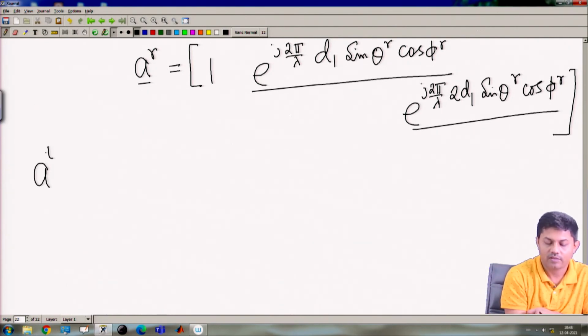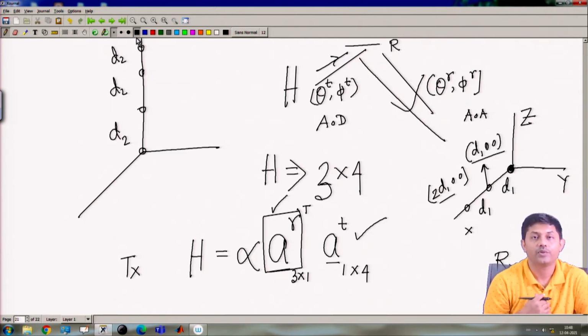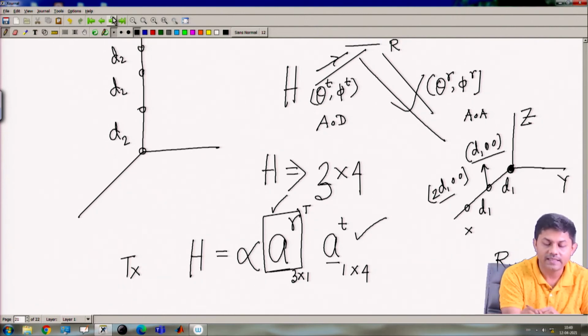What about my transmit manifold vector? There are 4 points here having distances d2, d2, d2, but it is in the z direction. So, it will be easier to do that.